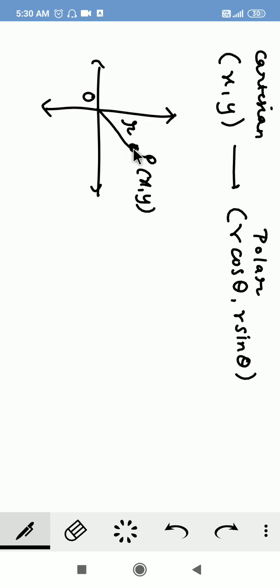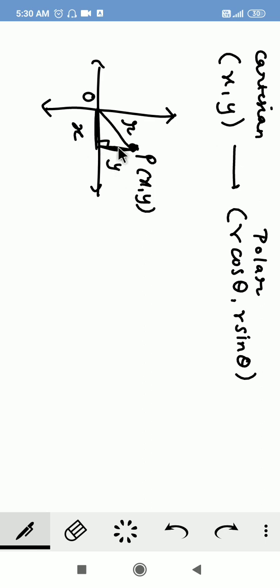And if you draw a perpendicular from the point to the x-axis, what will the length of this be? Since the point is uplifted in y by the y coordinate, this length will be y. And we have taken the point on the x-axis at the x coordinate, so the length of this will be x.